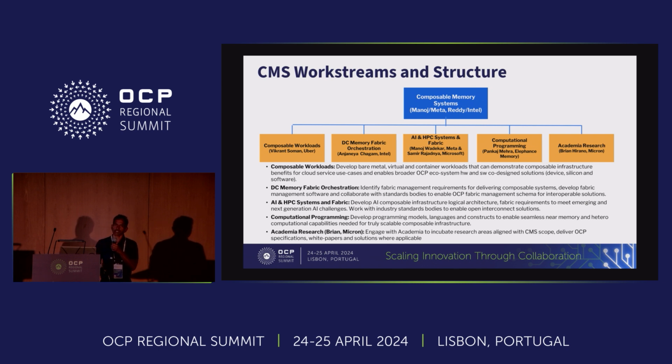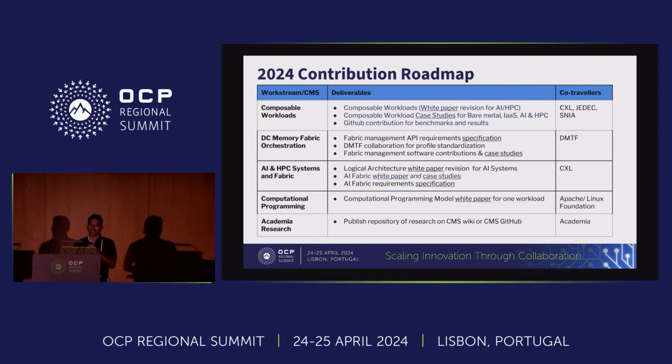So it requires evolving programming models and lots of architecture patterns around it. And the last one is we want to have connectivity with the universities and research community as well. So those are the 5 work streams that we currently have in flight.